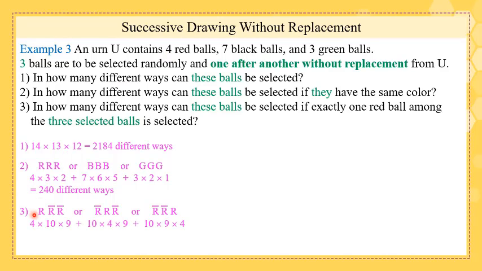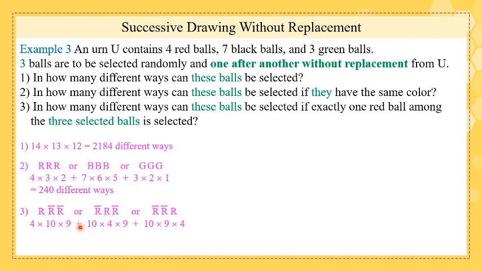This is 4. The second one should be non-red, so we try to divide the sample into 2 groups, the group of red and the group of non-red. In fact, we have 4 red and 10 non-red. So here we will have 10 and then we will have 9. Remember, it decreases by 1 because we are choosing the balls successively without replacement.